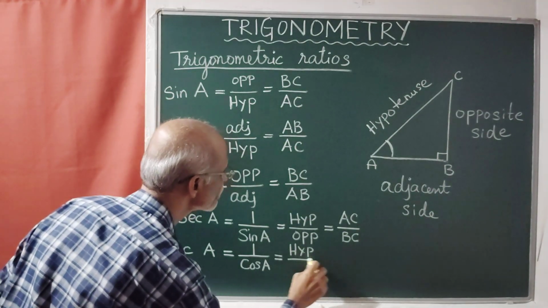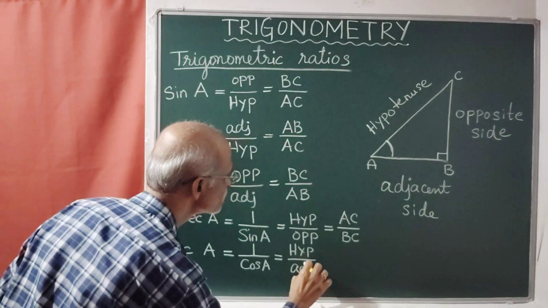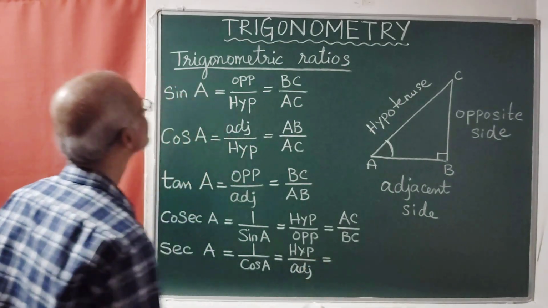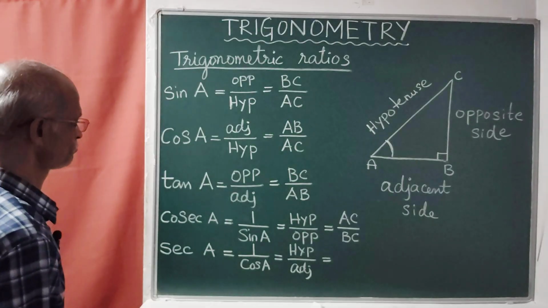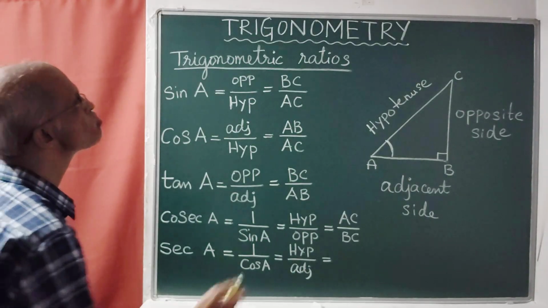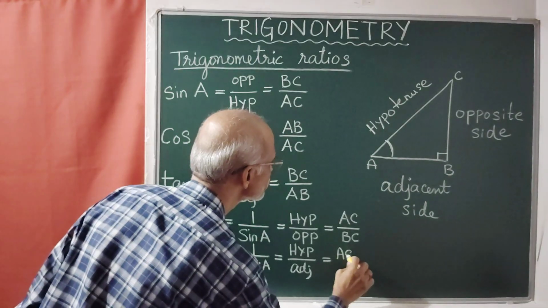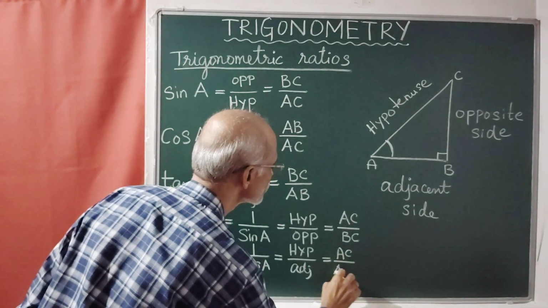Hypotenuse divided by adjacent, AC by AB.